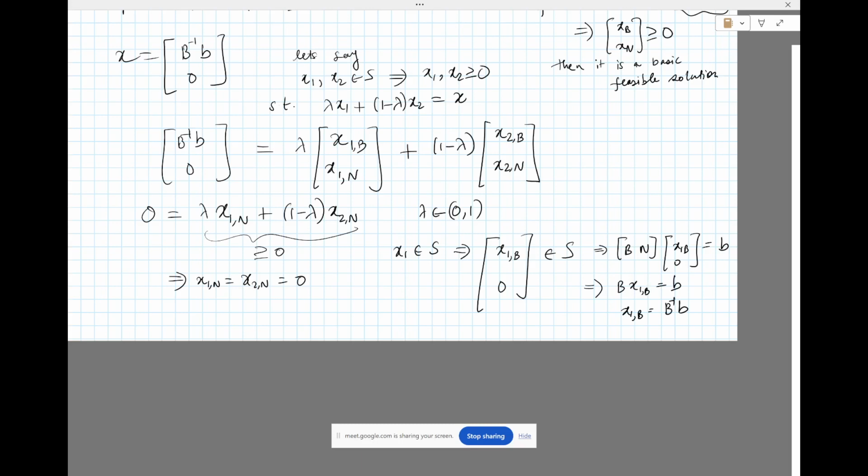Same is true for x2b. So we have shown that x1, x2 both are of this form only.